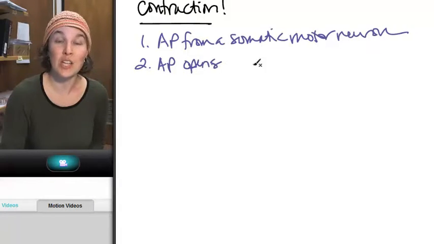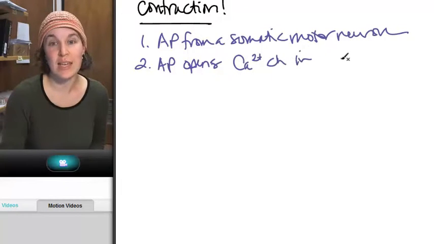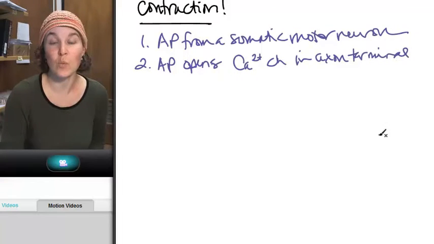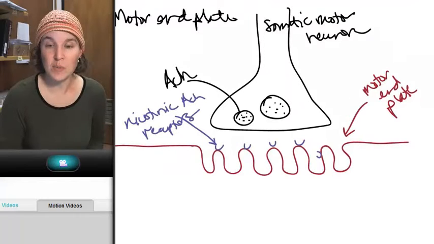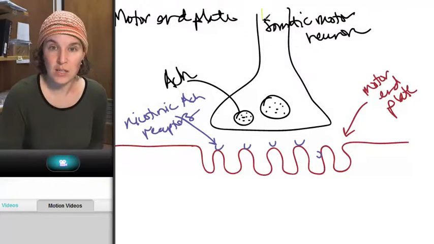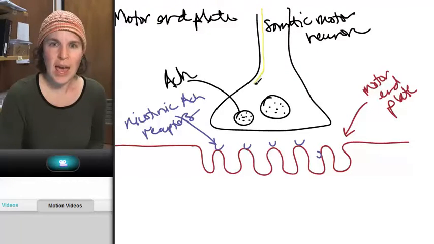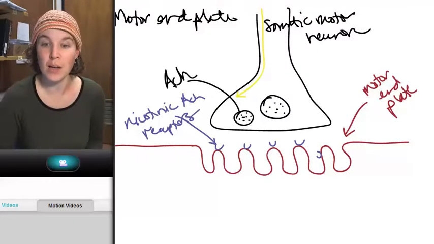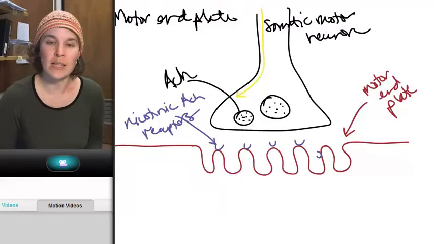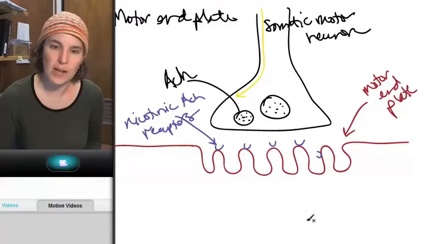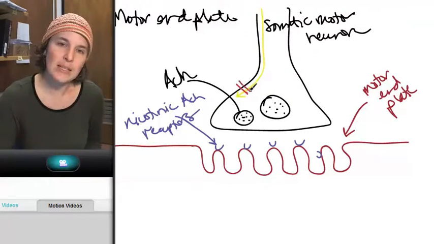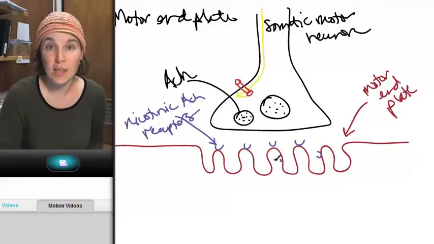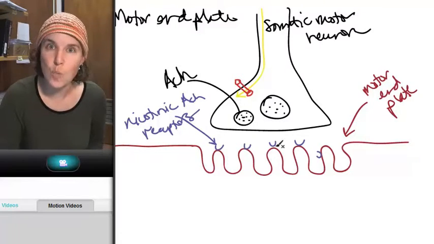opens what kind of channels? Calcium channels in the axon terminal, right? Here comes my action potential. As it travels in, I think I made them red, calcium ions, I made them red. It stimulates those voltage-gated calcium channels to open.